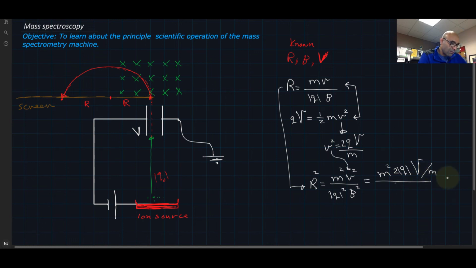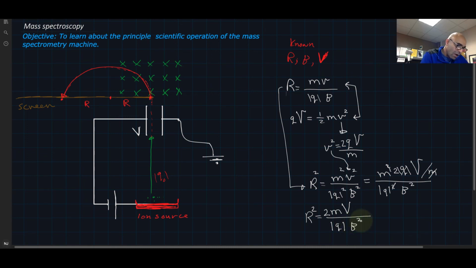I'm going to put it on the top, and this whole thing is divided by q squared times b squared. Now the q squared goes with the q, and the mass goes with the mass squared, so we end up with this equation: r squared is equal to the mass times 2 times the voltage difference divided by q times b squared.